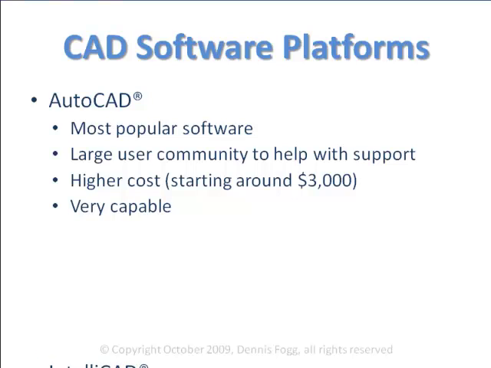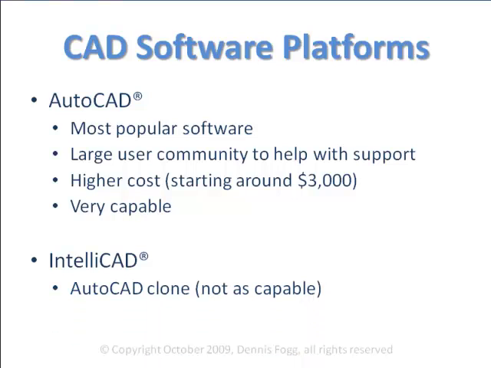IntelliCAD is considered to be an AutoCAD clone, and at one point was actually owned by the same company that developed AutoCAD. IntelliCAD lags behind AutoCAD in features and performance, but the cost is very low, starting around $250.